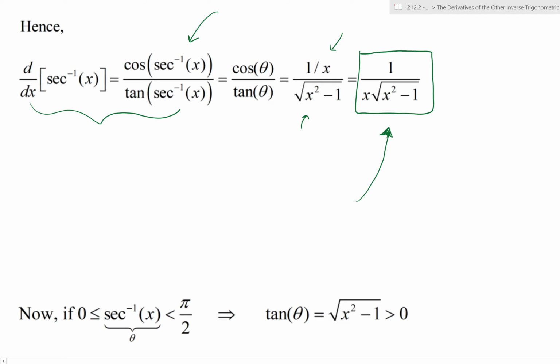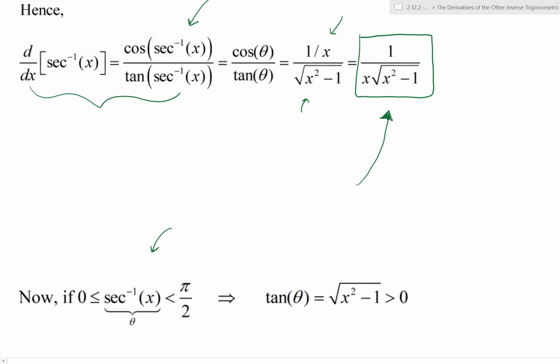And that is, take note that if this angle theta, secant inverse of x, is not negative, bigger than or equal to 0, but less than pi over 2, then that angle, of course, would be in quadrant 1 in our plane, and our tangent of that angle, which we already established to be square root of x squared minus 1, would have to be positive because both coordinates are positive there.